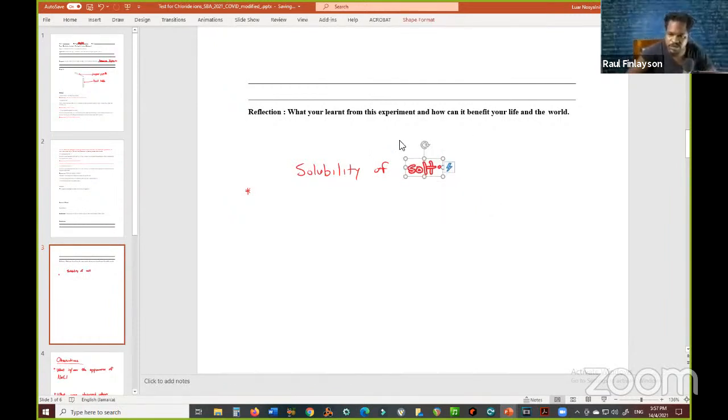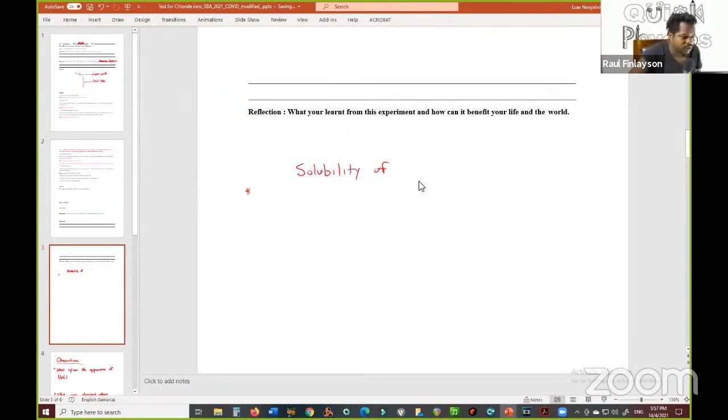And why it's important to know this is that when we're writing equations, we're supposed to write the state that the substances are in. So the solubility will actually tell us, for example, whether it's aqueous or whether it's solid or liquid. And all of those things are gas.